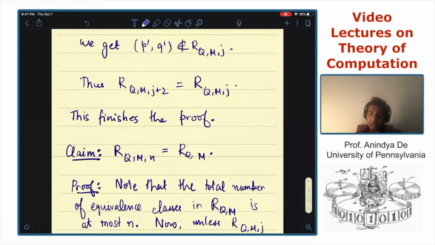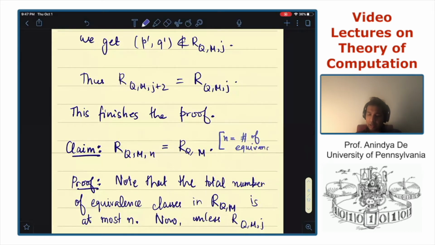And I should say N is the number of states in Q.